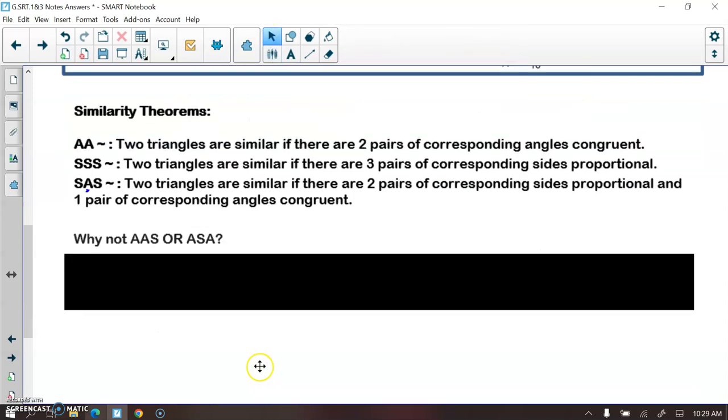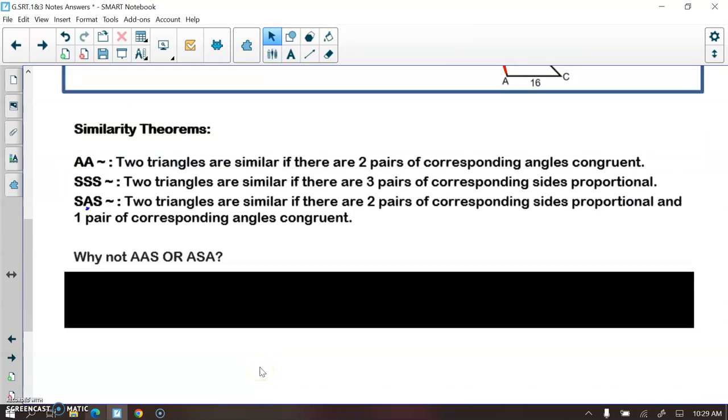Okay, so some of you might be thinking, well, we had AAS congruency and ASA congruency theorems. Why do we not have that for similarity? Well, if you can see, if I had two pairs of corresponding angles congruent and one pair of sides proportional, well, I already have two pairs of angles congruent, which satisfies the AA similarity theorem.